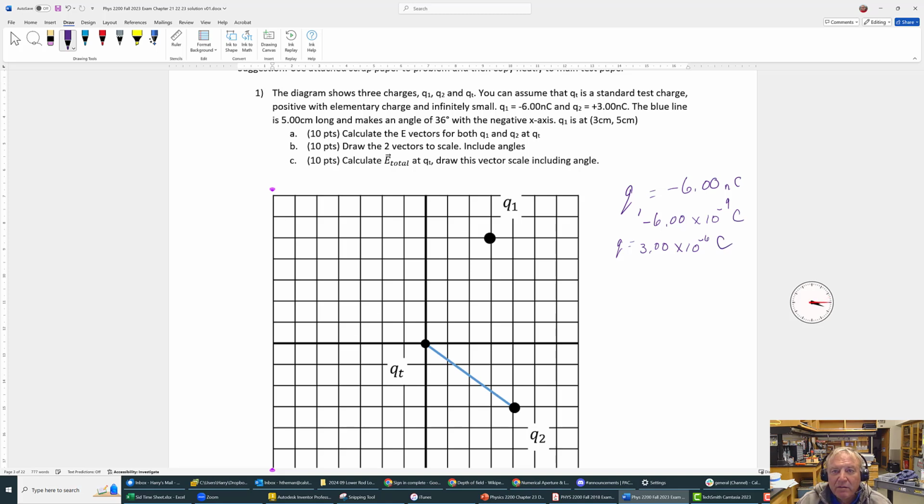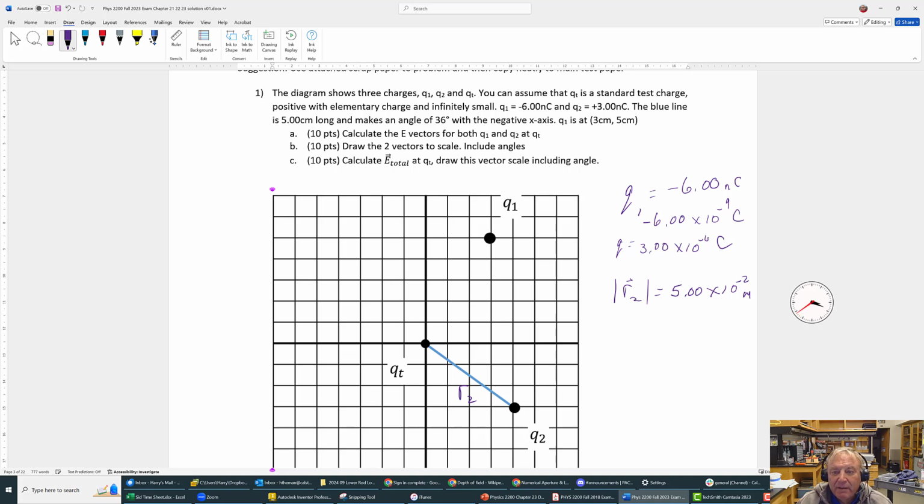And let's see, the blue line, which we'll call R2. So R2 is 5.00 times 10 to the minus 2 meters.